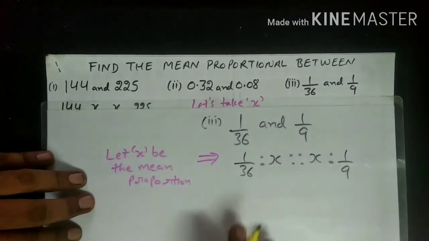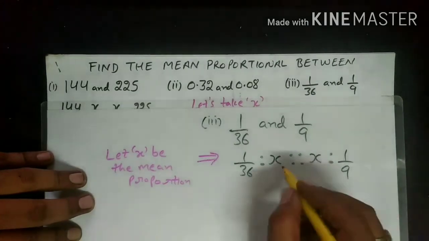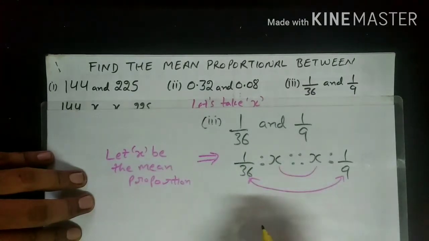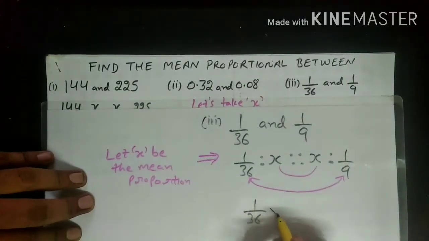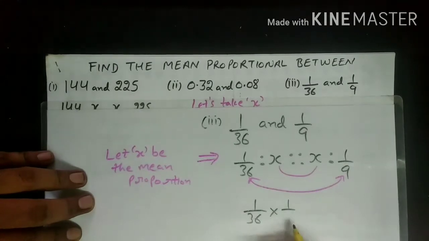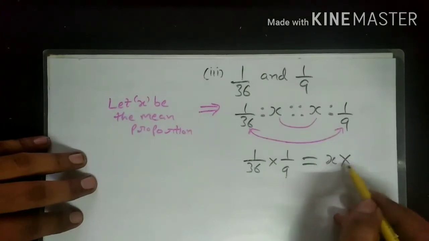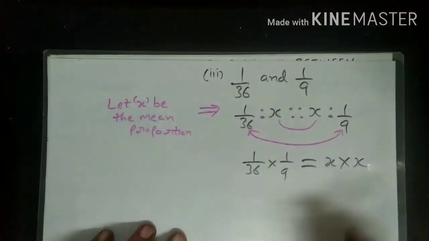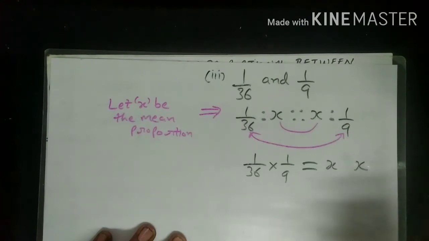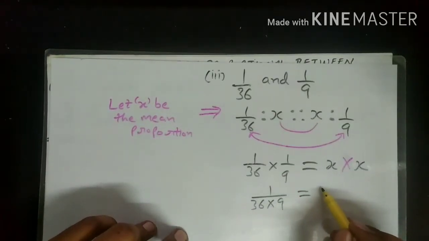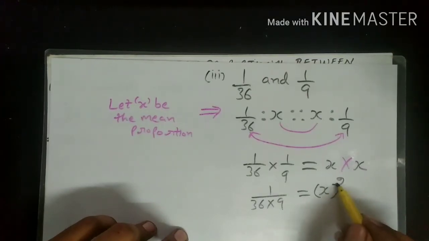Now the product of means is equal to the product of extremes. So 1 by 36 multiply 1 over 9 is equal to x multiply x. So 1 over 36 multiply 9 is x power 2.